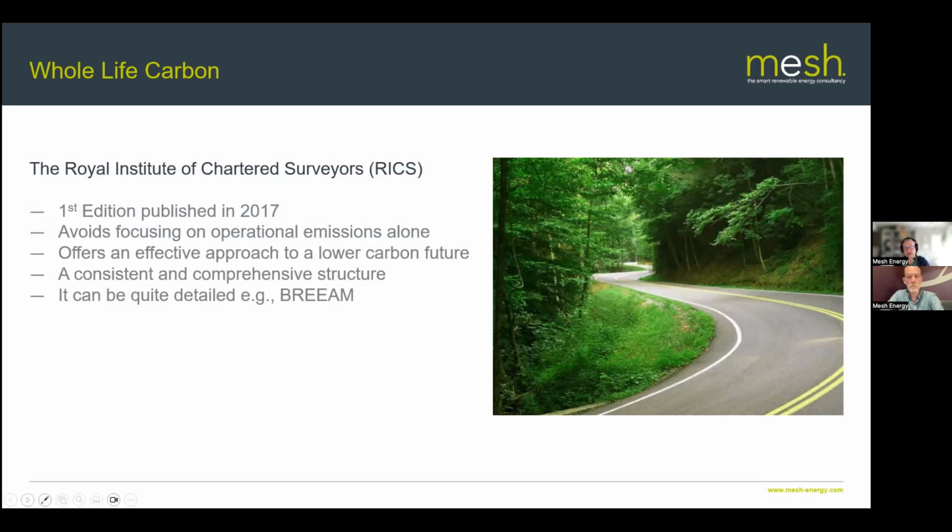And it really is an effective path to a lower carbon future that goes beyond just thinking about the performance of the building from a thermal point of view, or energy, or occupant comfort. So it's just adding another dimension that has long lasting ramifications really. And most importantly, it's consistent and it's comprehensive. And it can be quite detailed, especially if you're working on non-domestic projects in the context of BREEAM.